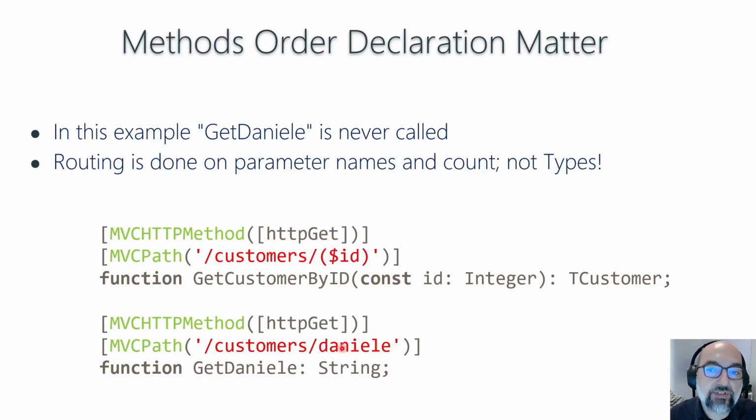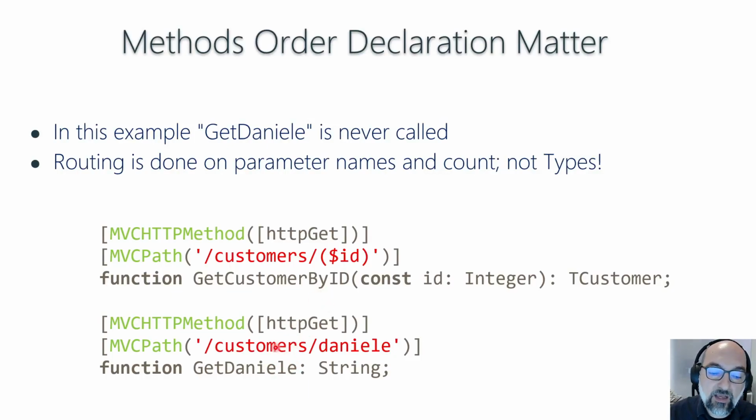Another topic is method order declaration. Let's check these two actions. As you can see, they seem different, but in terms of routing, they are the same. Because in this example, get Daniele is never called.